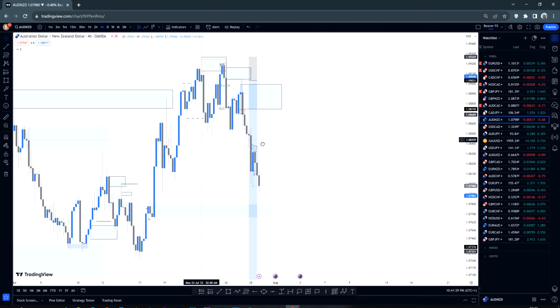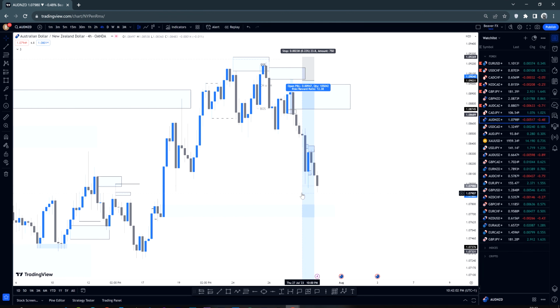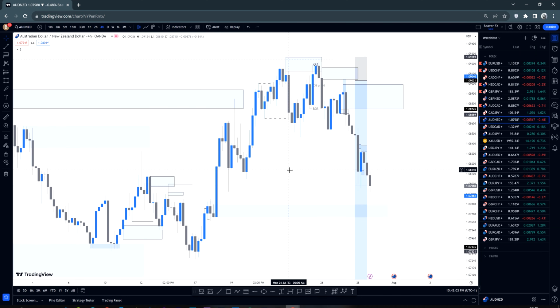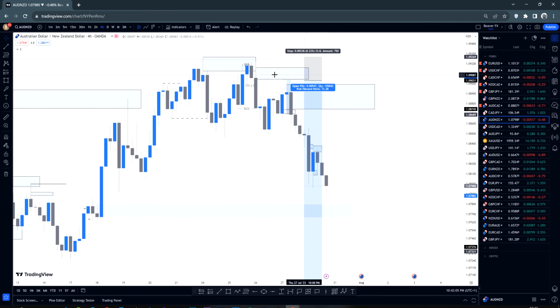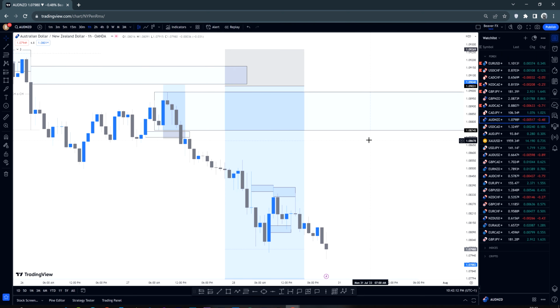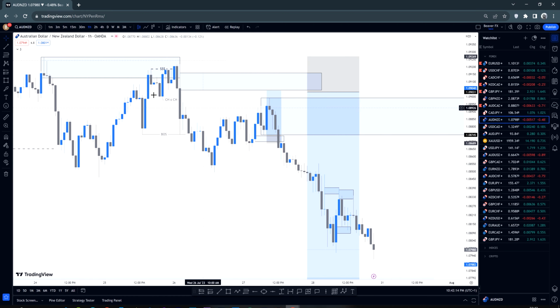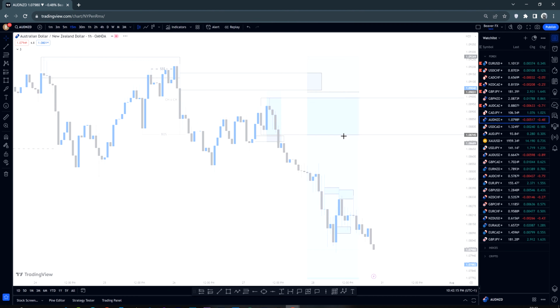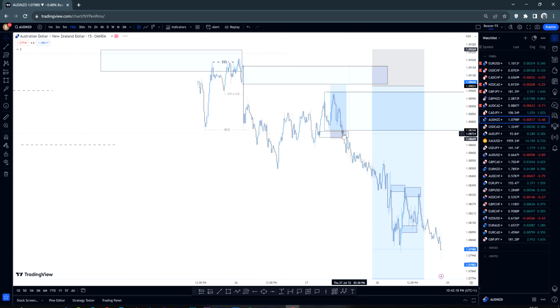So yeah, for this AUD USD, look at this now. Let's go to the 1 hour time frame. I think that's where we had all these other blocks. Not even 1 hour, I think it's the 15 minute time frame order blocks.